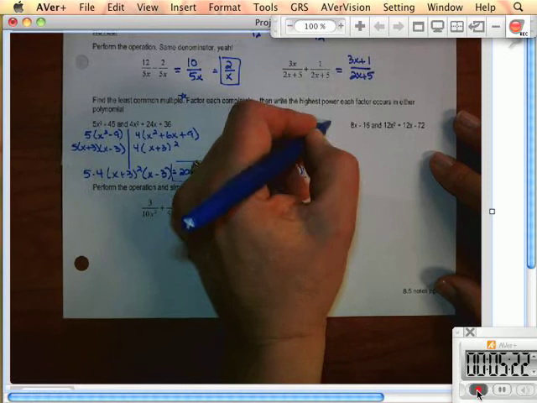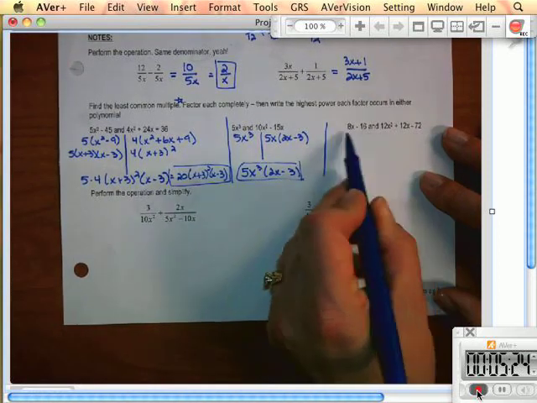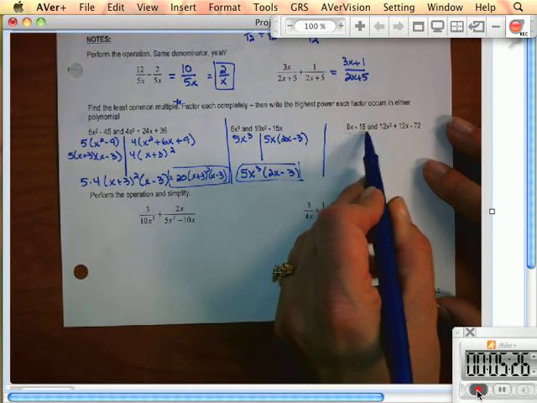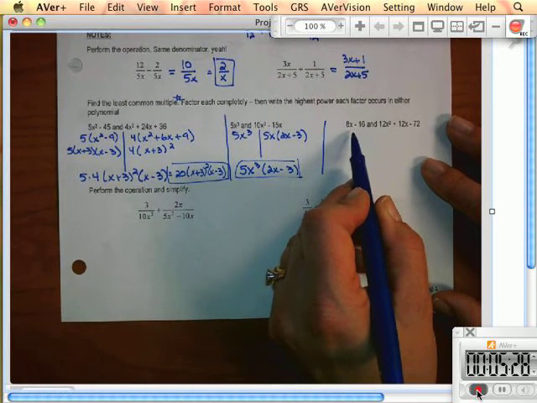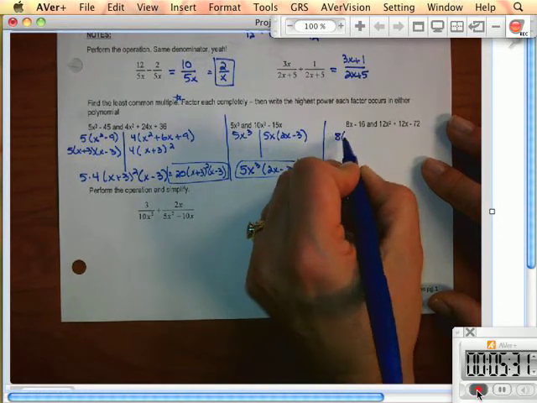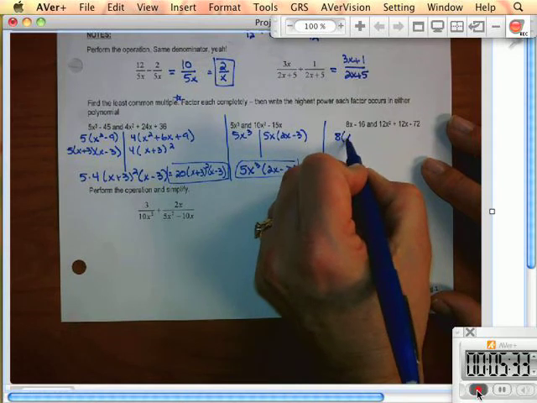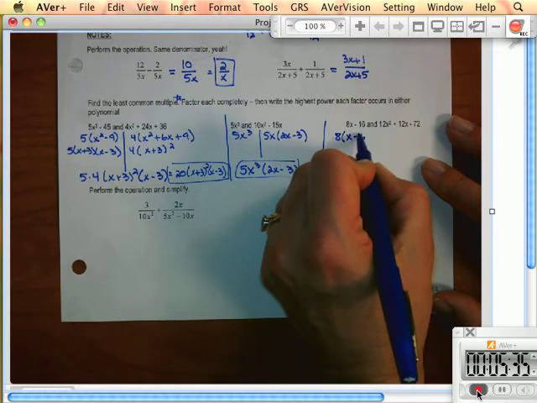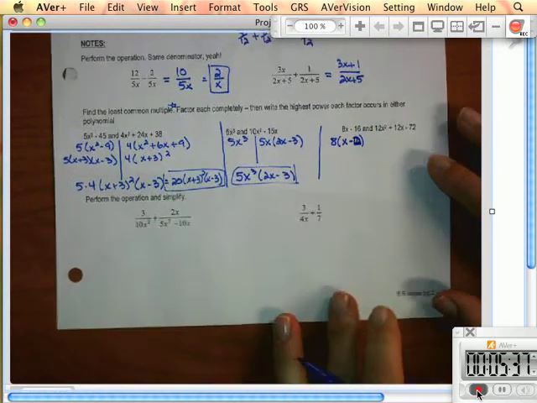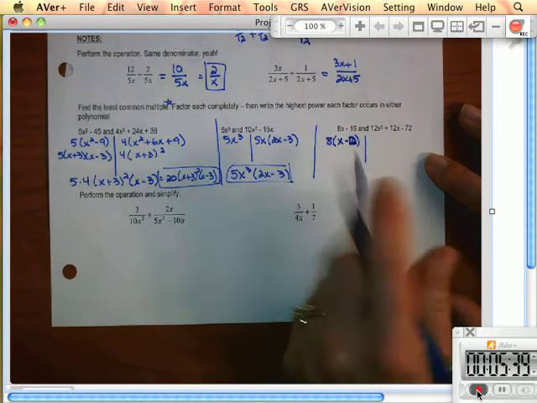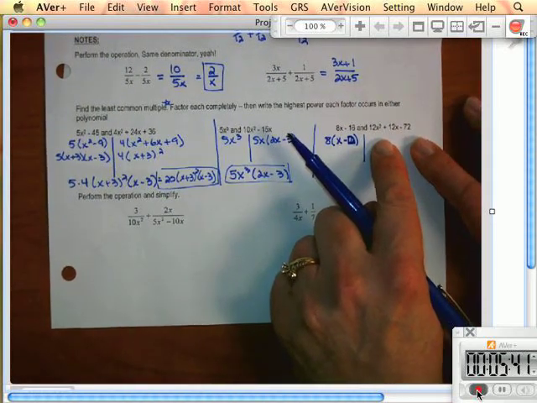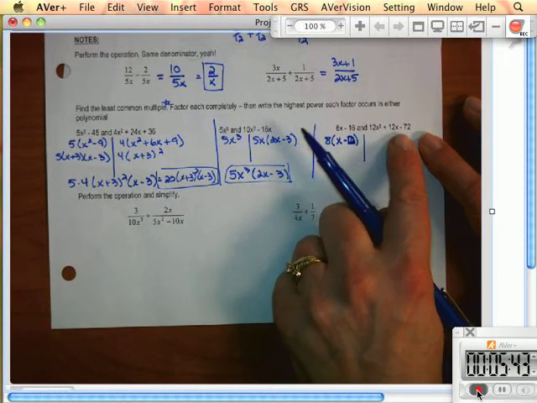Let's do another one. Okay, so we're going to factor this one first. What can I pull out of each of these? An 8. Oops, x minus 2. And then I'm going to factor this. Okay, so let's look at each term. Can I pull something out of each term?